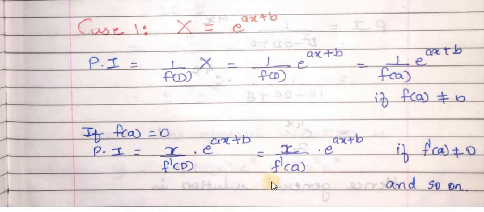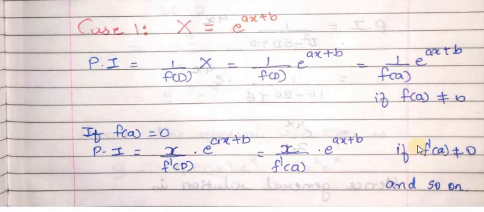So in the denominator it will become f'(a), x will be as it is, and e raised to ax + b will be as it is. You can write in this form only when f'(a) is not equal to 0.